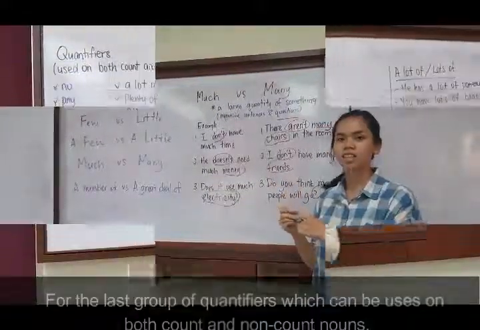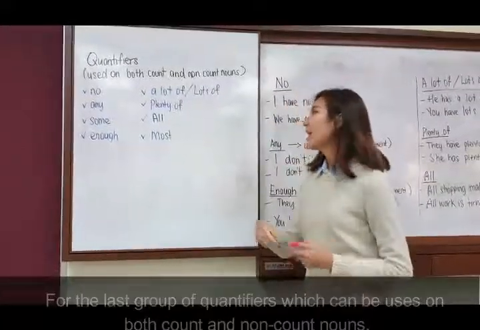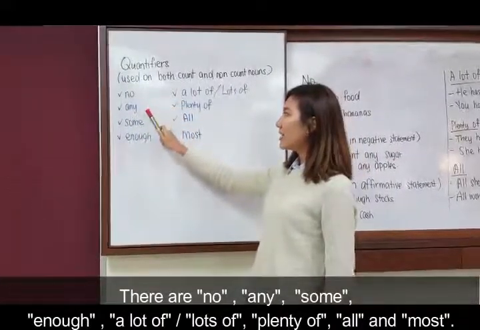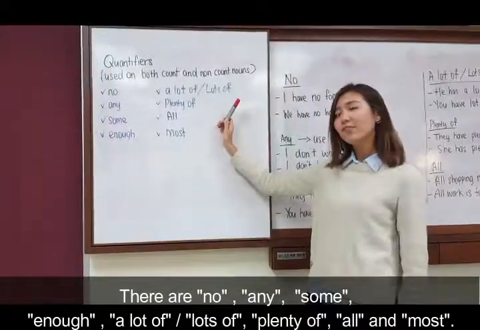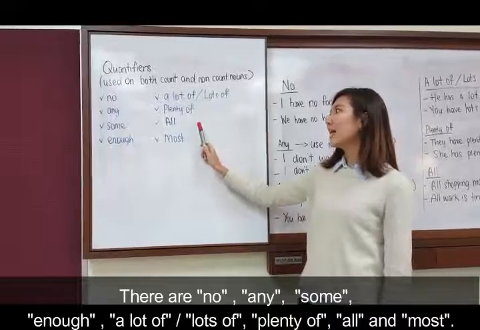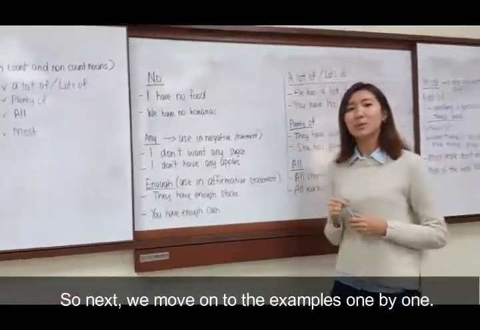The last group of quantifiers, which can be used on both count and non-count nouns, are no, any, some, enough, a lot of or lots of, plenty of, all, and most. So next, we move on to the examples one by one.